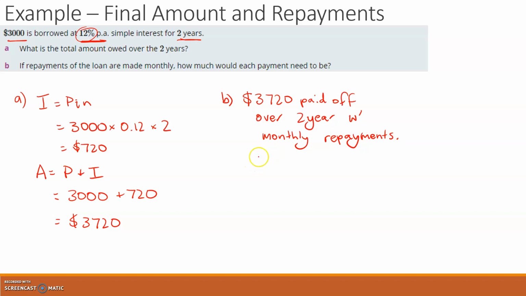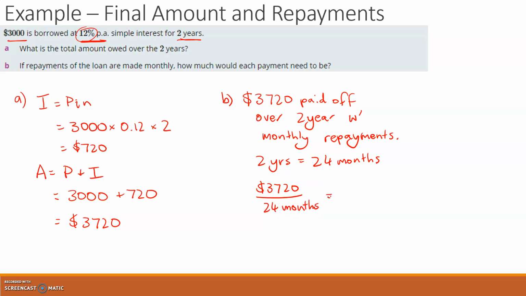Okay. So 2 years actually gives us 24 months to work with. So to work out our monthly repayment, what we need to do is we get our $3,720, that's the total amount, and we divide by the 24 months that we have available to pay it off.